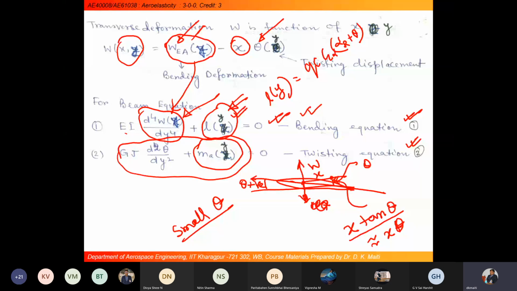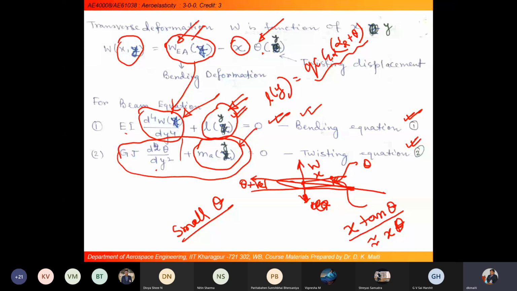Okay, and if you look here, this first equation has both components, W and theta, whereas in the second equation we get only the rotational moment, which will be GJ d2 theta by dy square. And Ma comes from here: one part comes from lift into eccentricity, plus the inherent aerodynamic moment about the aerodynamic center.